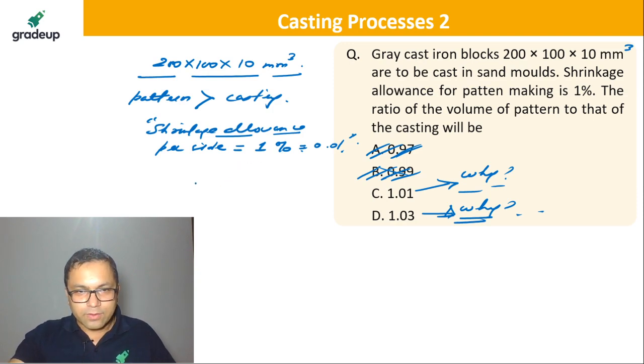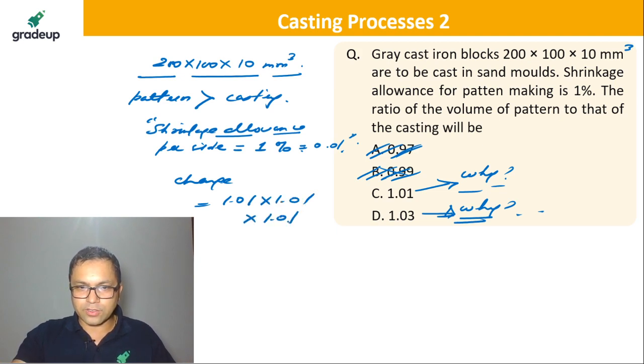So what we are going to say here is that the change is just getting changed by 1%. So the percentage change here is going to be 1.01 into 1.01 into 1.01, because it's per side. So change per volume is going to be this.